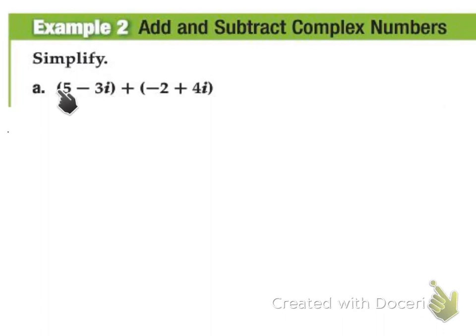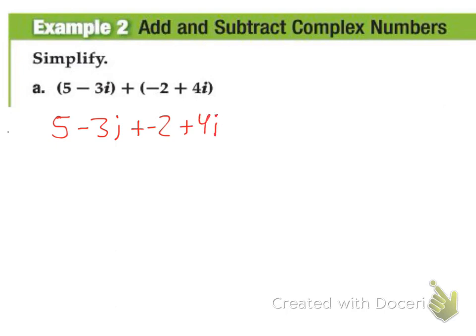Now, if there would have been a 5 in front of this parentheses, I would need to distribute that 5. If one of these groups were subtracted, what's really out front? A negative 1, and therefore needs to be distributed. So in this case, I do not need those parentheses, so my first step would be get rid of them.